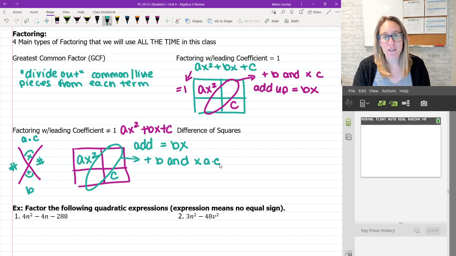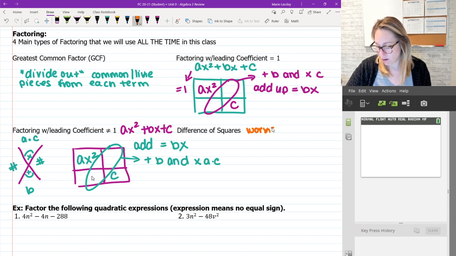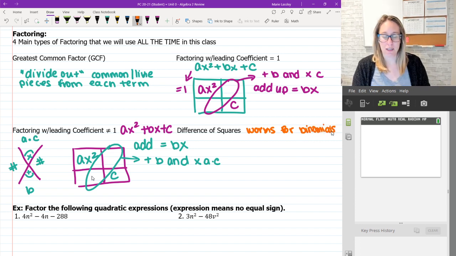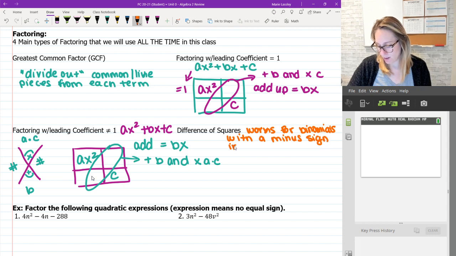Difference of squares only works when you have a binomial, meaning two terms, with a minus sign in between them.